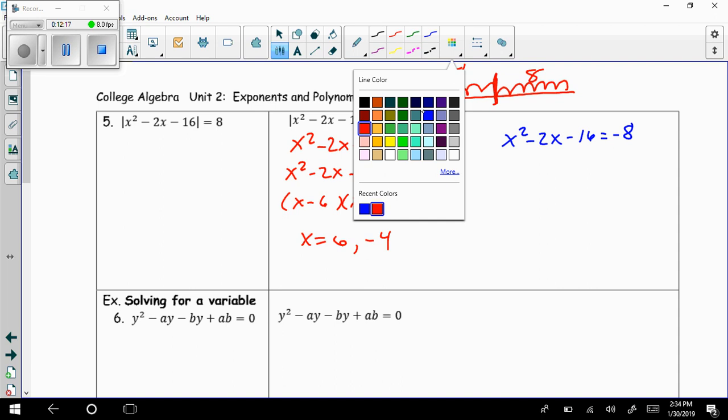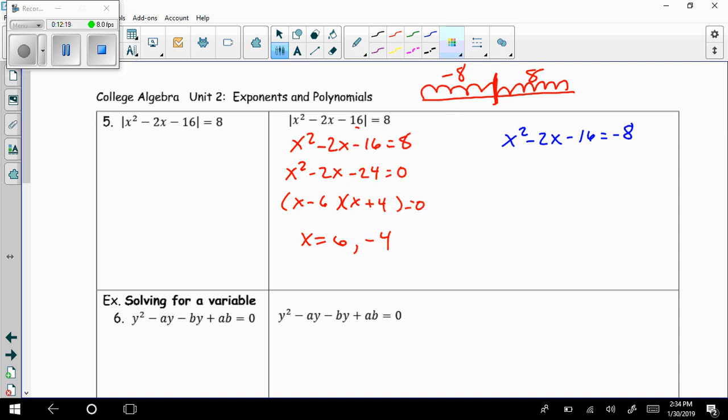But we're also going to solve our negative case over here, which means similar steps, but see here we have to add 8. So we get negative 8. So you can see we're going to get different answers because our last number here is different. So this factors, multiplies to negative 8, adds to negative 2. Well, 4 and 2. So minus 4 plus 2.